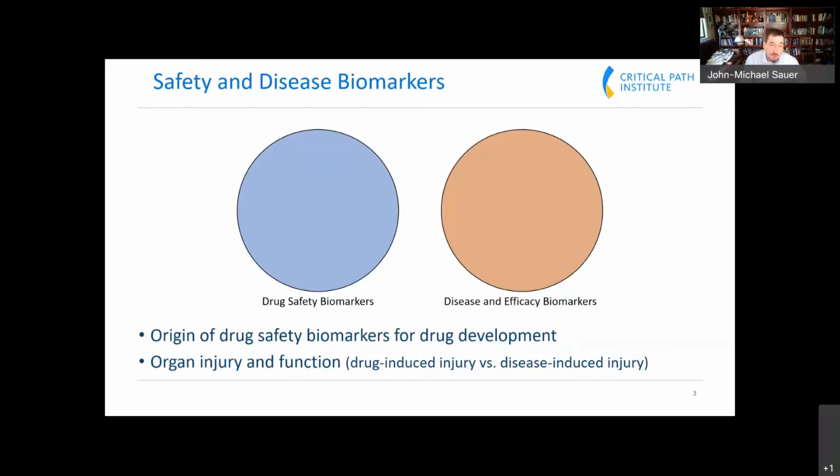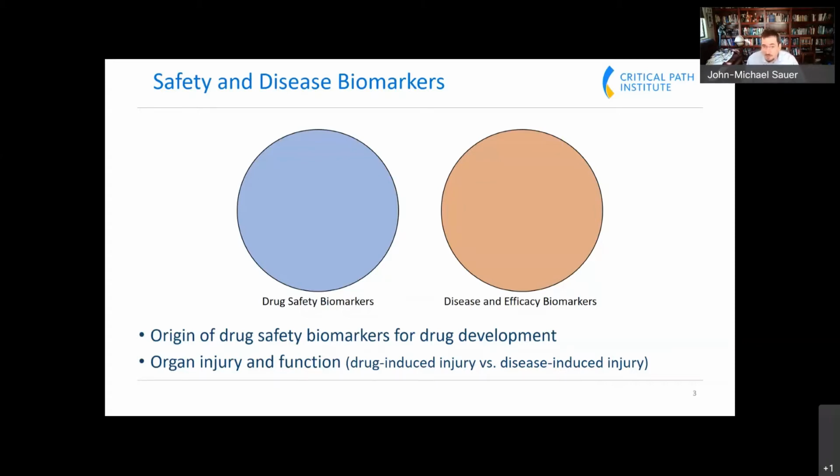I mean, if you look at the clinical chemistry that your physician gives you at your yearly checkup, well, they're pretty darn close to the battery of safety biomarkers that are used in drug development.